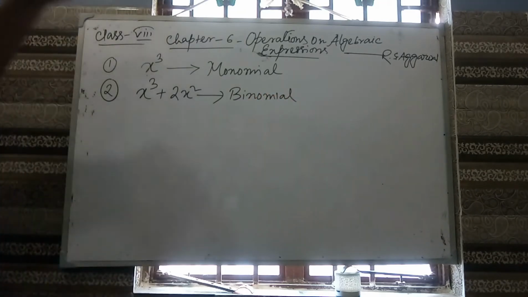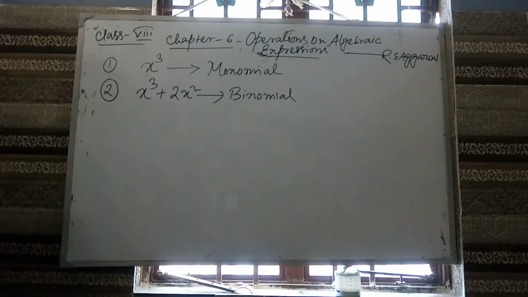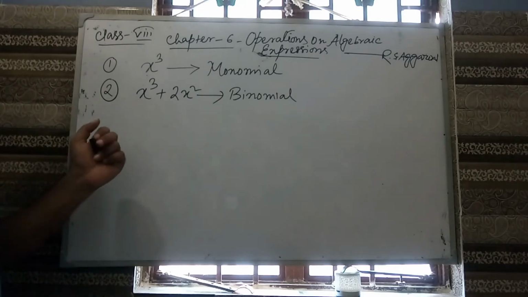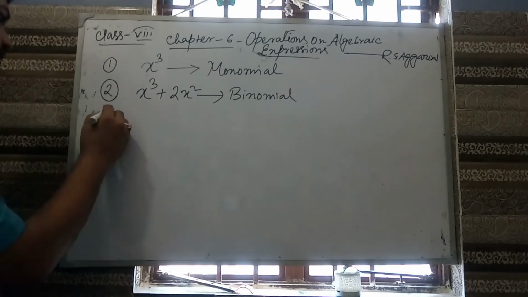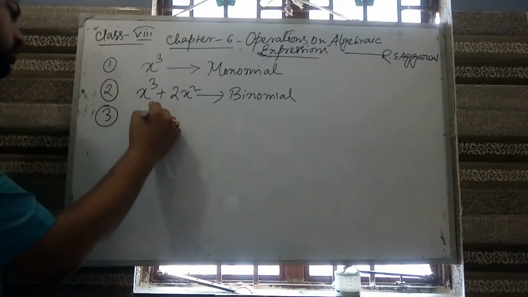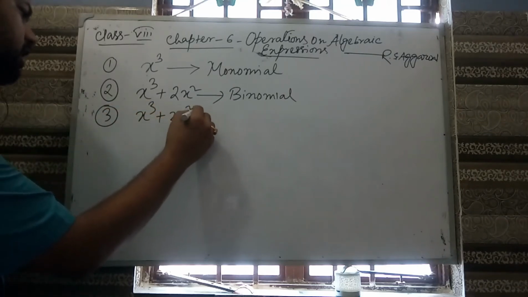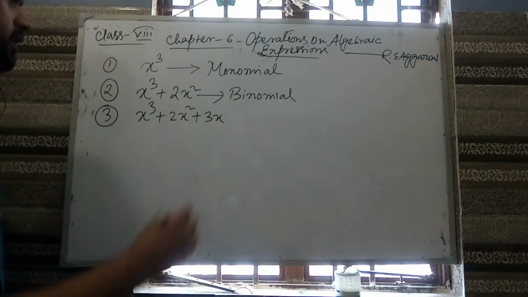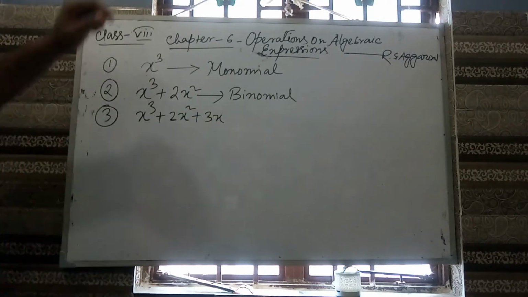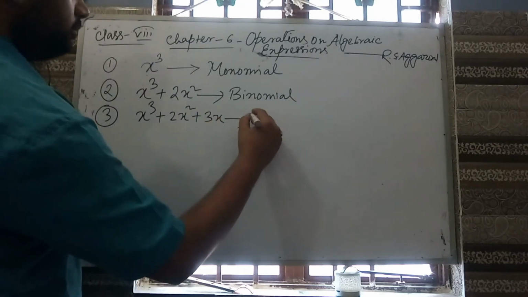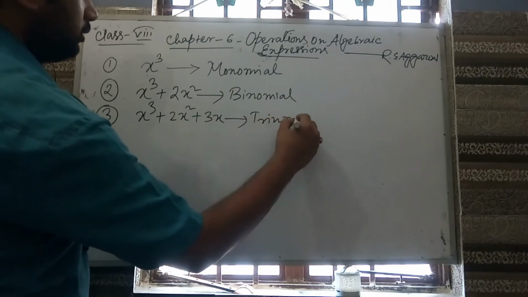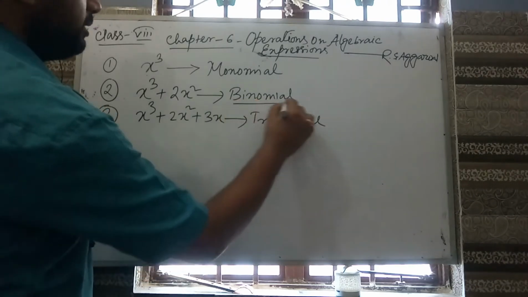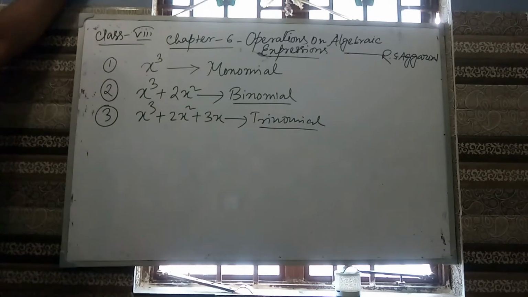Now, if we have three terms, x cube plus 2x square plus 3x, it is called trinomial. Bi means 2, tri means 3.